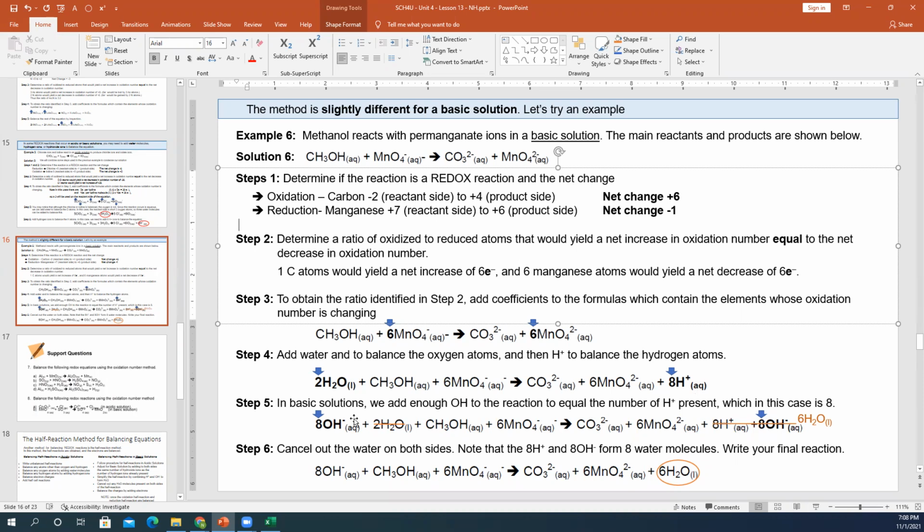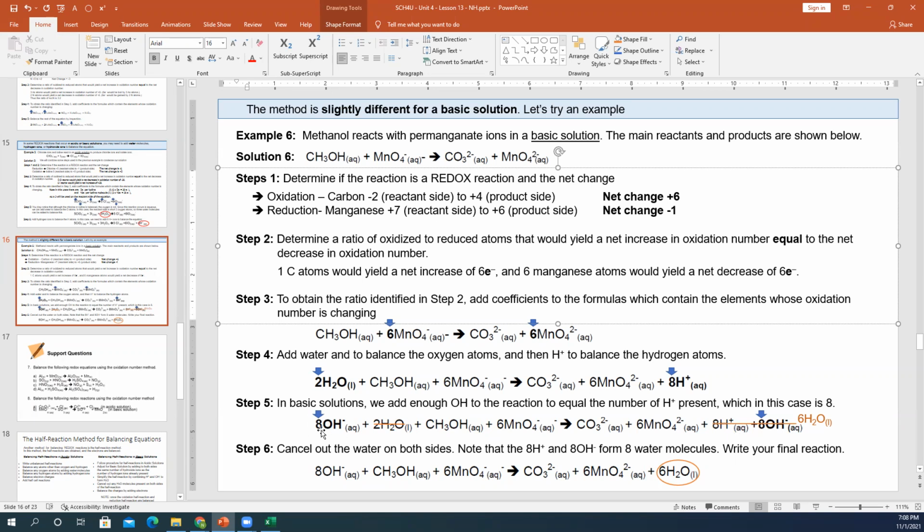So if we add 8 OH molecules to this side and 8 OH molecules to that side, we'll see that these two together will react and become 8 H2O molecules. On this side, we have 2 H2O molecules. So 2 from this side and knock down 2 from this 8, you're left with 6 H2O molecules.